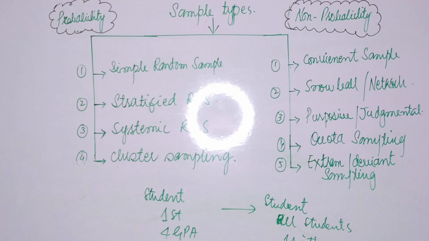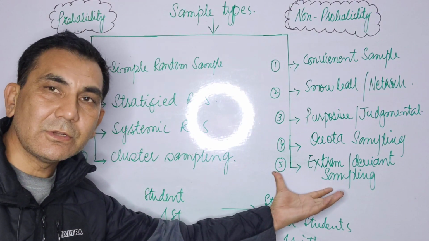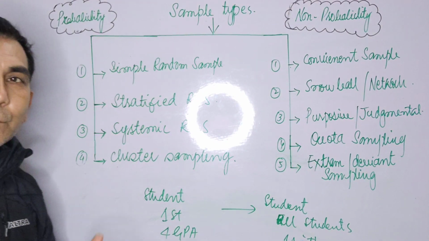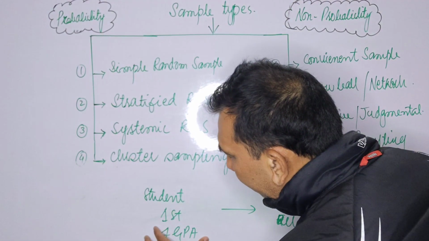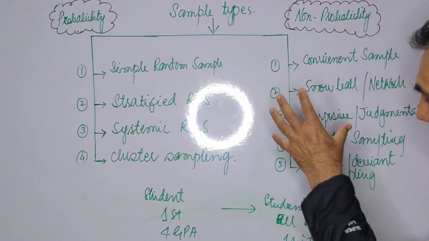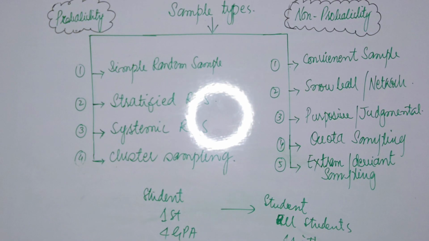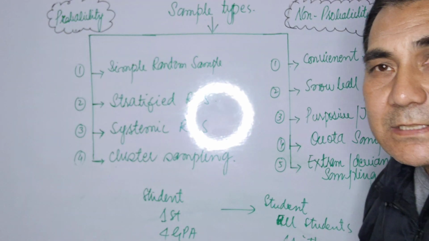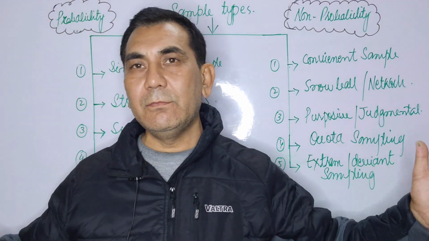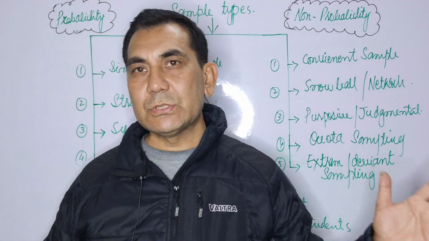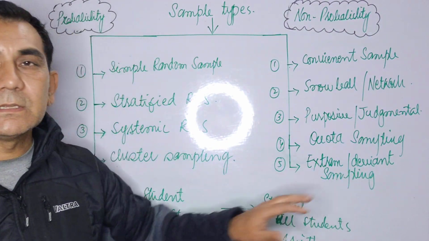Suppose it is an example. Now if the researcher wants to see the feeling of happiness of the student who got 4 GPA with first position, and the student who failed in all subjects and got less than 0.5 GPA, and wants to compare the feelings between the two students, this is called extreme deviant sampling.